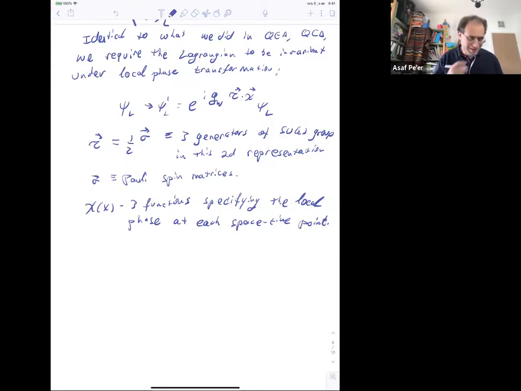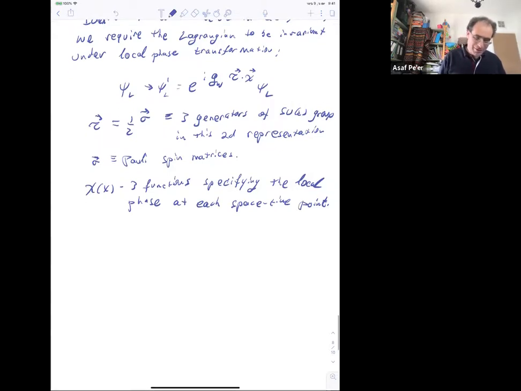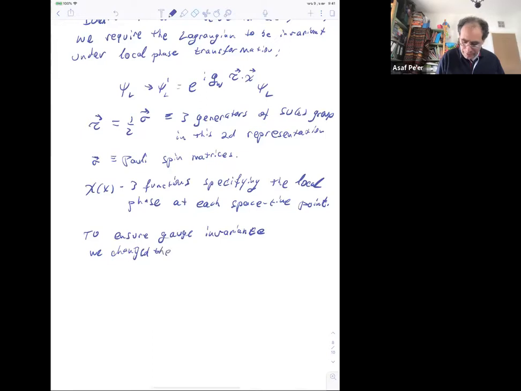Okay. So to ensure gauge invariance of the Lagrangian, change the derivative to the covariant derivative.